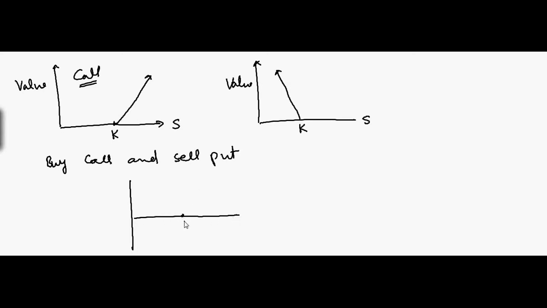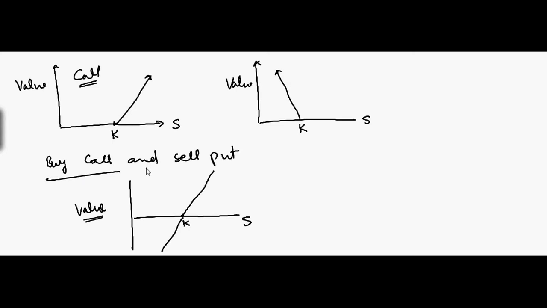We bought the call, so we will make money as it goes above the strike price of k, and because we sold the put, we will lose money as it goes below the strike price k. So this is your s, and this is value. So this is the value of buy call and sell put.